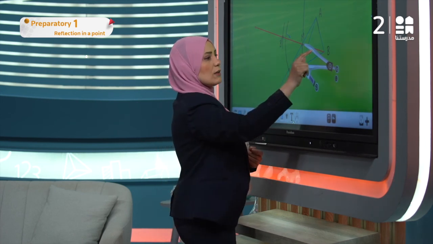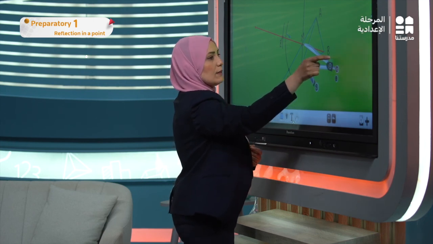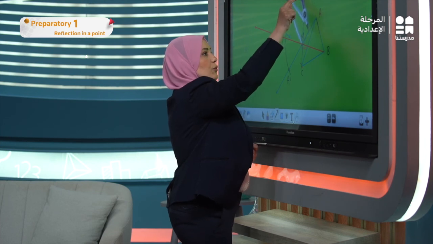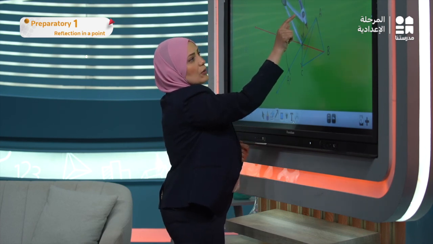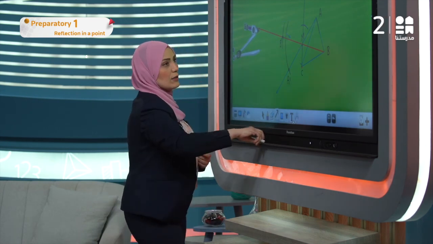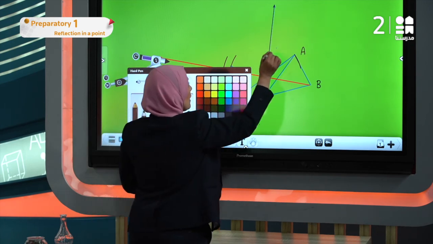I'm going to put the center now on M, then draw the arc now. So this point is called C dash.